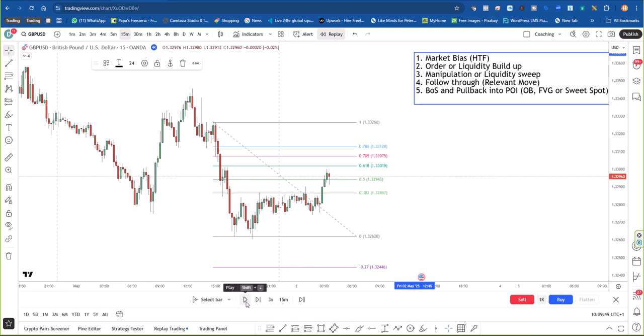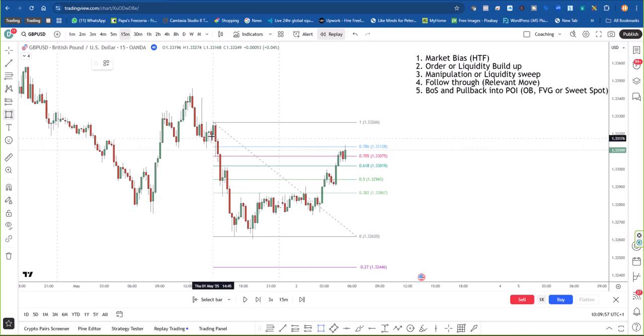Once price gets to this kind of area, we know this is an area where we want to start watching price. Remember, it is a bearish move that has broken structure and it has now pulled back into a reversal area, an area of premium.